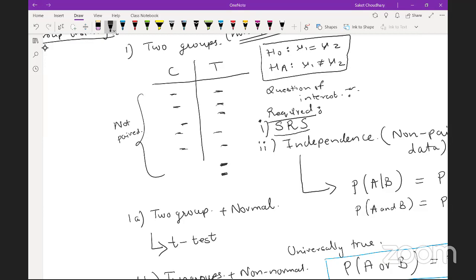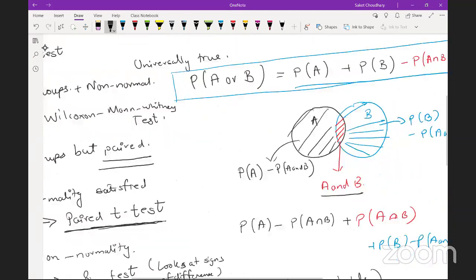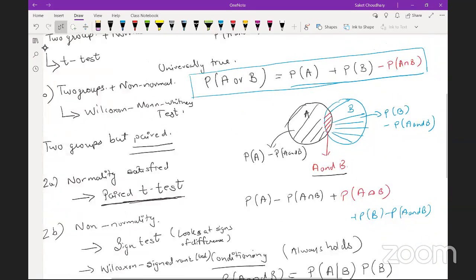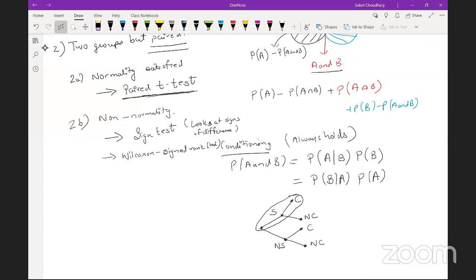As simple as that. The second concept was independence, for which we had to do some probability. And in that exercise, we also did some more interesting things, trying to figure out conditionality. What is the probability that one thing happens given that the other thing has happened or not?